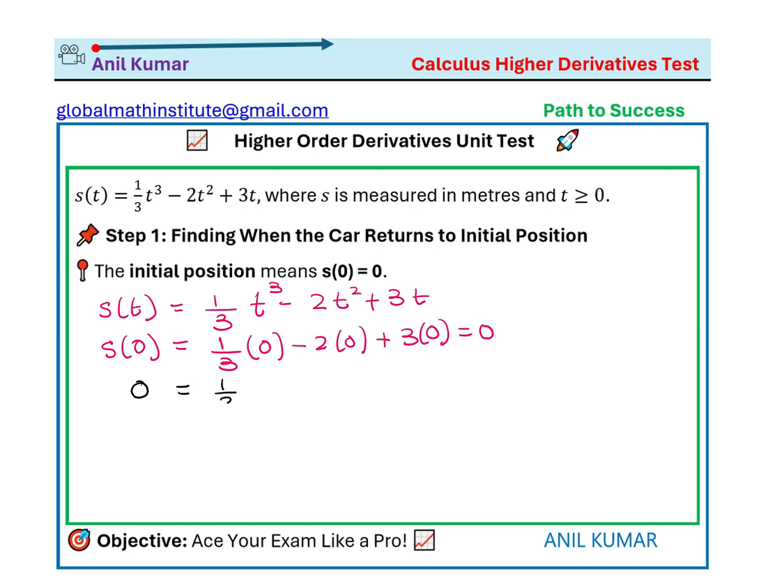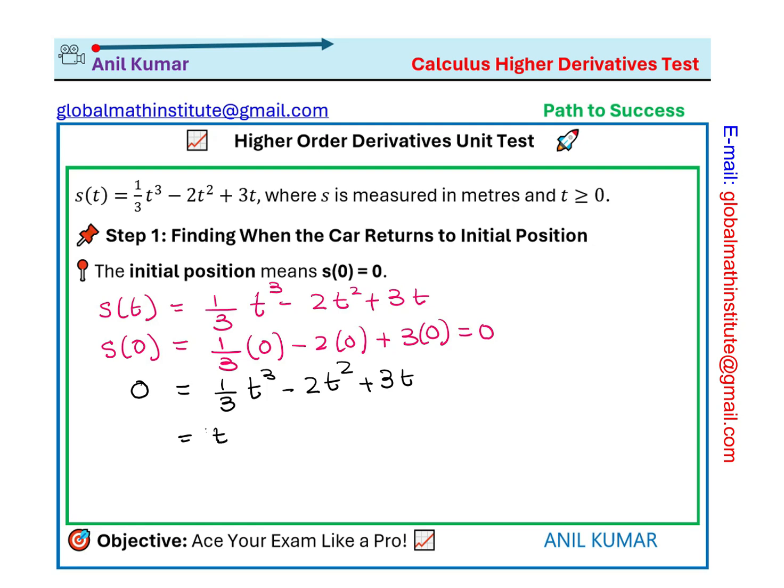This is what we have to figure out. So let's plug it in and try to figure out what is the time when it could be 0, right? So take t common. You can also take 1/3 of t, right? So we get t squared minus 6t plus 9, since 3 times 3 is 9, right?